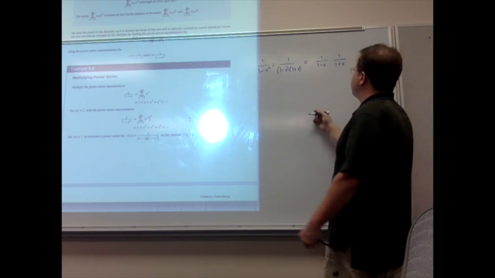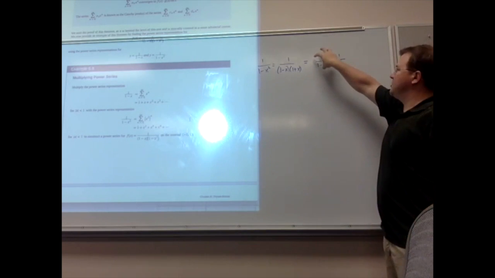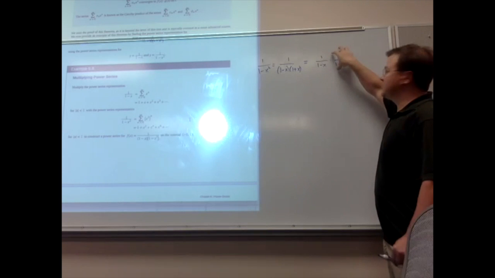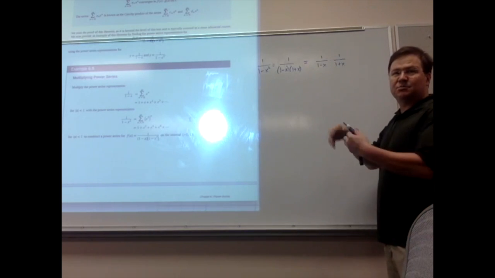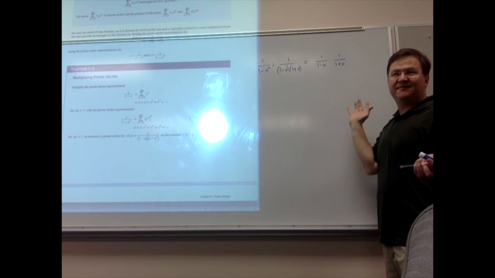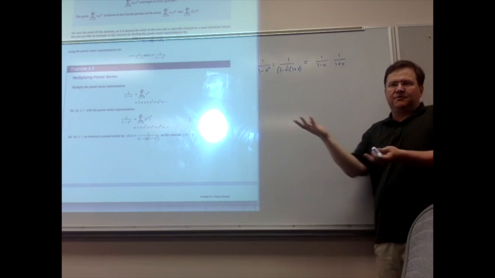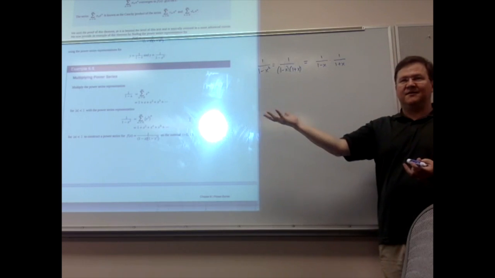So in other words, I could think of it this way: find the power series of this and the power series of that, and just multiply them. It's a different way to hopefully get the same thing.